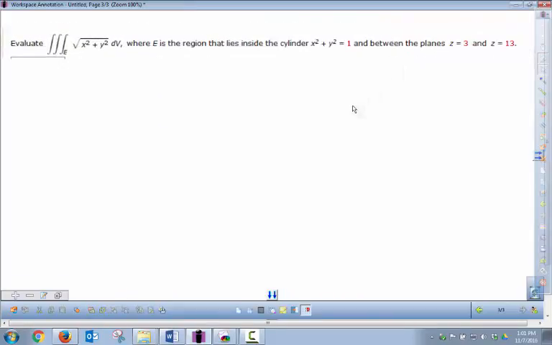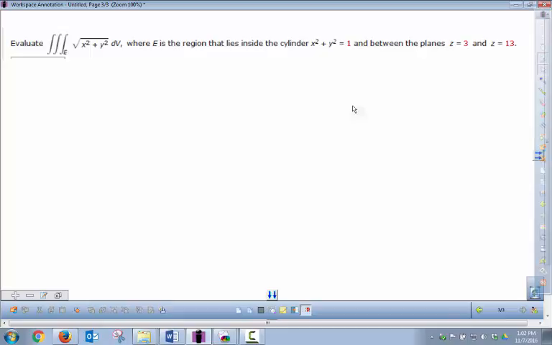This one's asking us to evaluate this triple integral where we have x squared plus y squared inside of the integrand. And E is a region that lies inside of the cylinder x squared plus y squared equals 1, between z equals 3 and z equals 13. And what we want to do, like always, is try to visualize this thing.